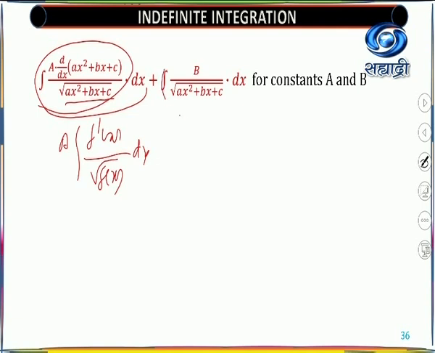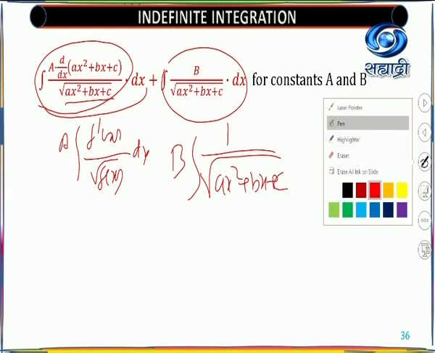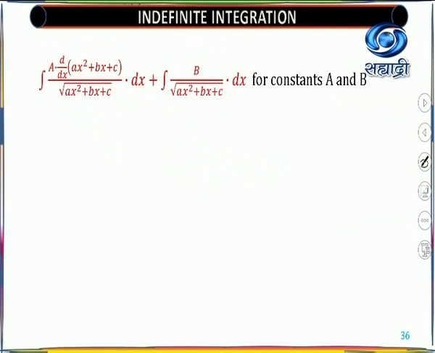But what happens to the second part? In the second part you will get 1 upon root of ax square plus bx plus c. Here again you are using the previous method, that is the completing the square method. So this type of two terms you will get by comparison.